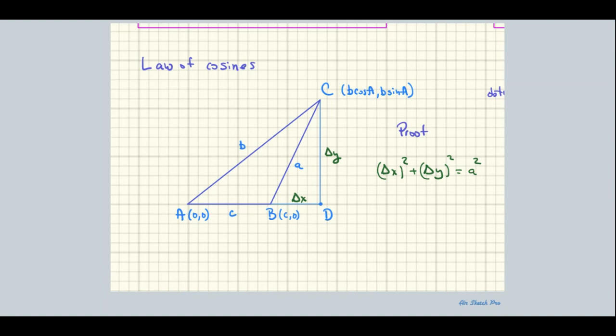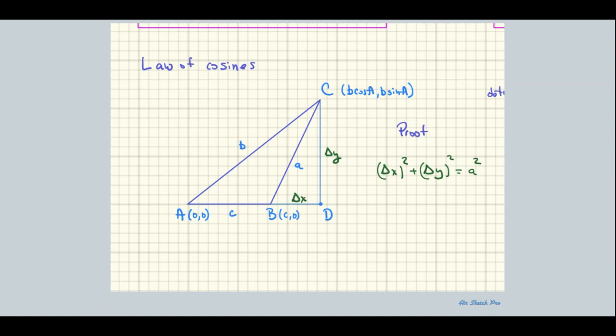Hopefully that's clear. All I've got to do is figure out what that delta x and the delta y are. You know why delta, I hope. I'm calling it delta because that's the capital D in Greek.